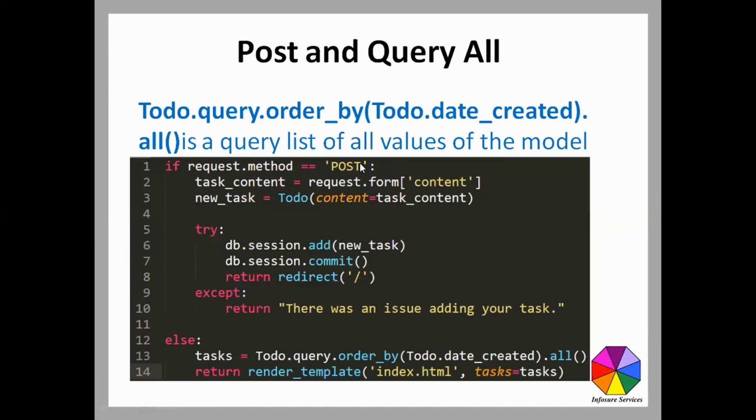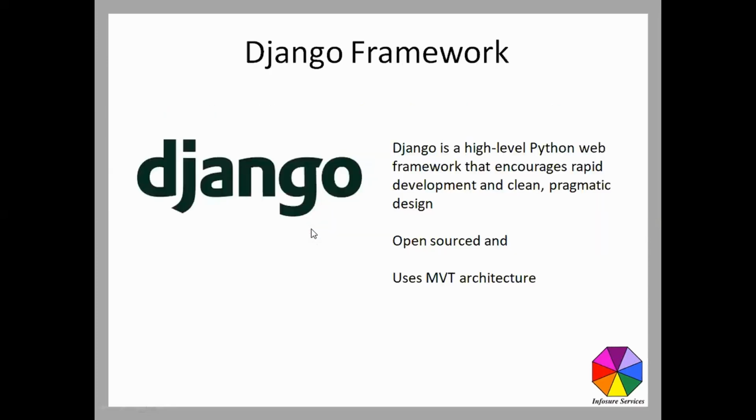That means I'm about to write. Then I can take the form's field and do a DB session add, and then I do a commit. Same way, if it is not the post, I'm just doing a to-do.query.order_by. Actually in this case this is code for a task. Just one moment, this may not be the right code to show. Hold on.